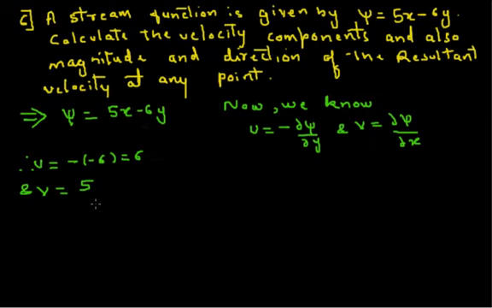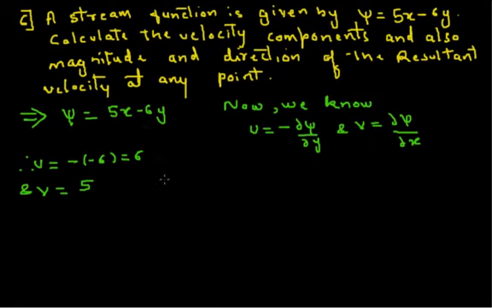Now it is also asked what is the magnitude and direction of the resultant velocity at any point. So that also we can find out. Here u is equal to 6 and v is equal to 5, that means it's a uniform flow everywhere. The velocity is constant, it's a steady uniform flow, constant with respect to space and time both.